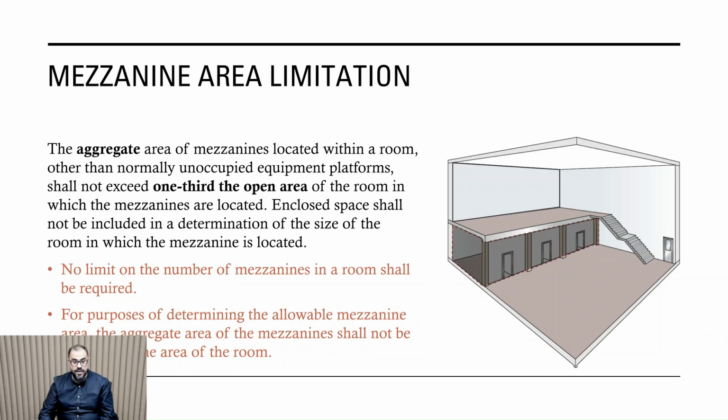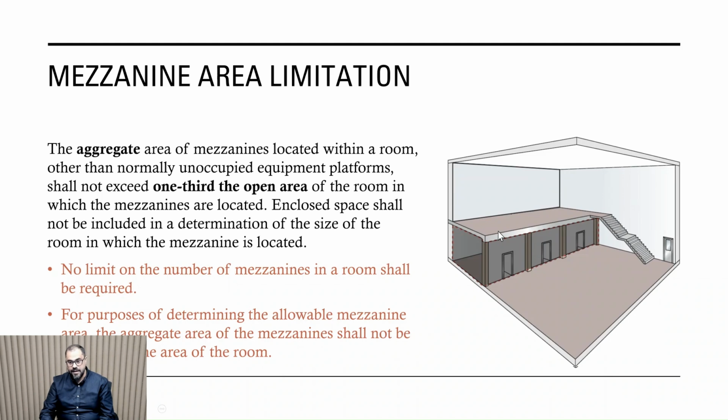There is no limit on the number of mezzanines in a room. And for purposes of determining the allowable mezzanine area, the aggregate area of the mezzanines shall not be included in the area of the room. For example, we have here this mezzanine floor.